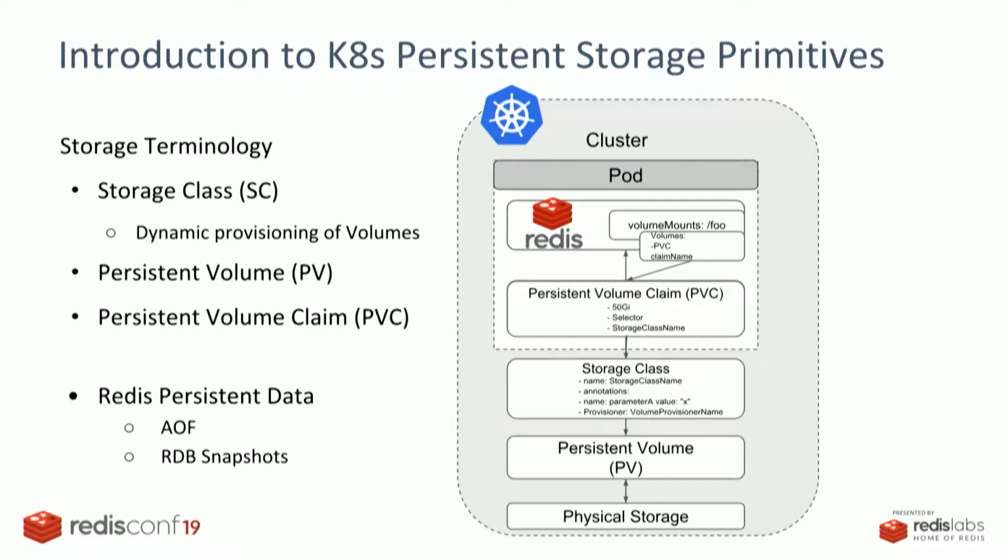For those of you who do not know the Kubernetes storage primitives, here's a very quick 10,000-foot level overview of what that looks like. Essentially, when you are deploying Redis in Kubernetes, you have to define a storage class. A storage class basically provisions the underlying storage for you.